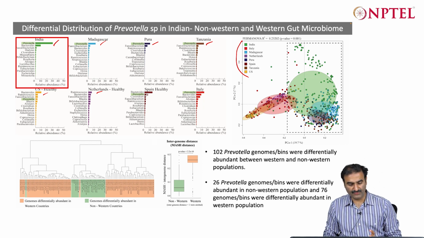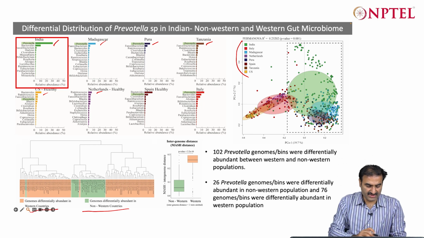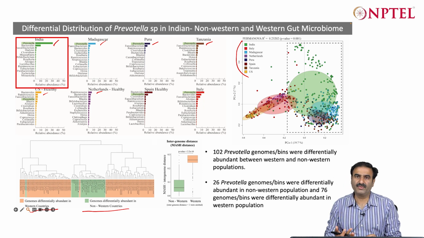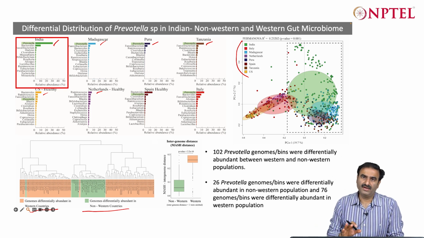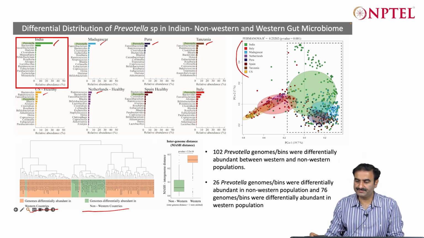Okay, so you can see clear differences between the genomes that are present in Western and non-Western gut microbiomes, which is very important for health, because when you're talking about probiotics or any diagnosis or therapeutics, you have to assess the individual or population-specific gut microbiomes to do more personalized treatment or diagnosis.